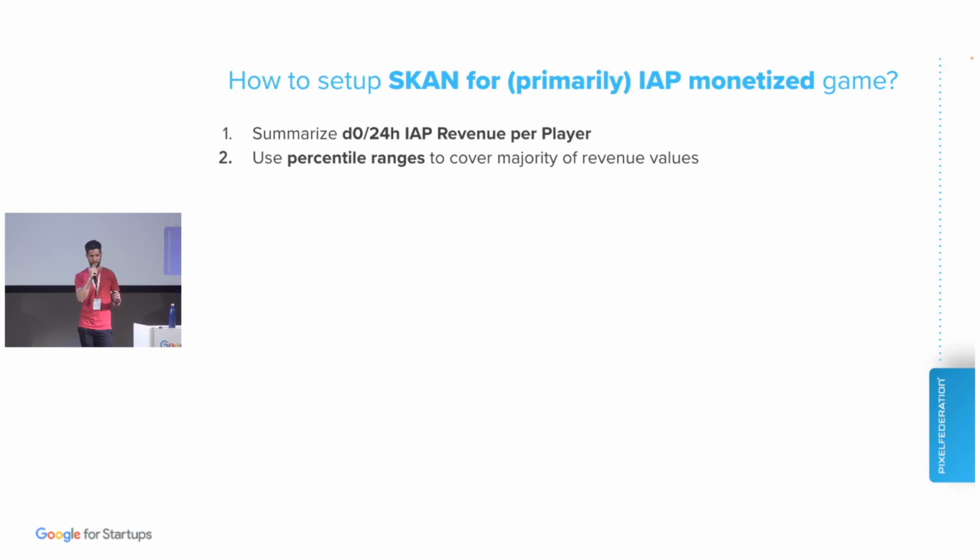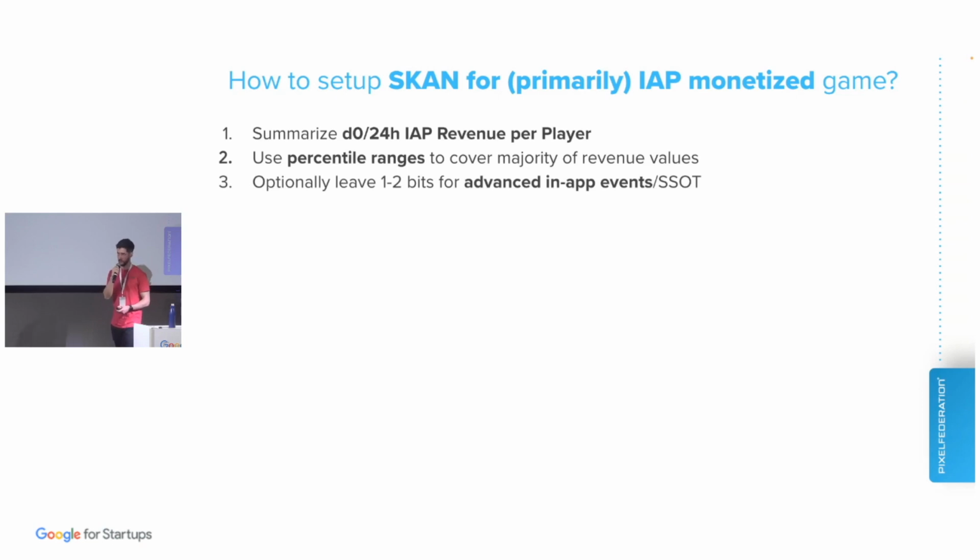And those that, let's say, pay 200 within the first 24 hours, there are only a couple of players like that, so don't necessarily waste revenue buckets on this. And then optionally leave 1 or 2 bits for advanced in-app events or SSOT, which is like our monster event.